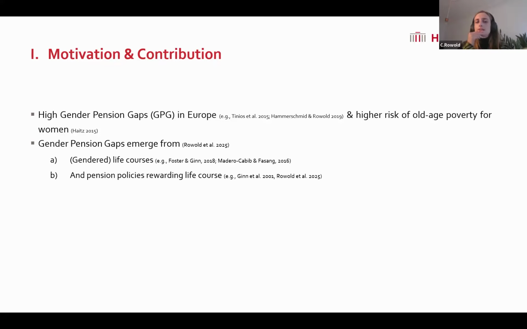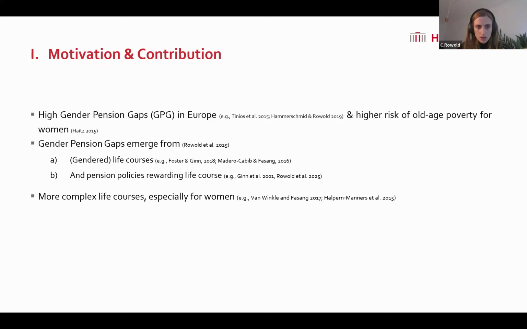Recent literature has really pinpointed that gender pension gaps emerge from, on one hand, gender life courses, and on the other hand, pension policies that reward those life courses differently. Also in parallel, there's a dynamic across cohorts that we see, that life courses become more and more complex, and this is especially the case for women.